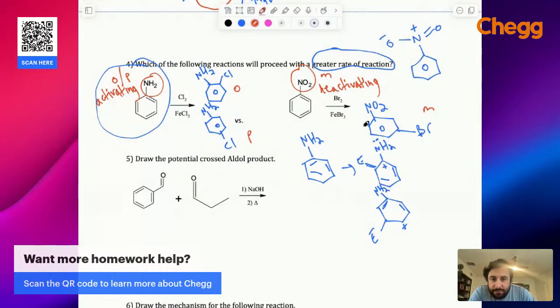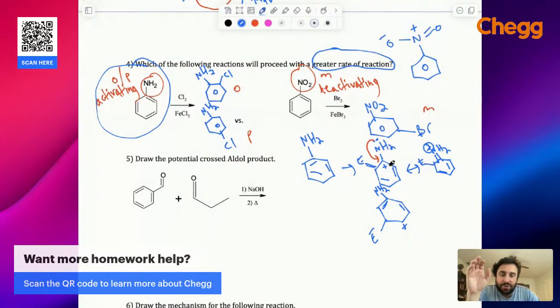We can draw another resonance structure that pulls the positive charge up to the nitrogen atom. So what we're saying is that the para substitution yields the same resonance structures as ortho substitution.